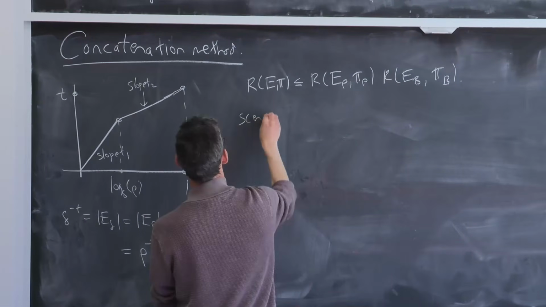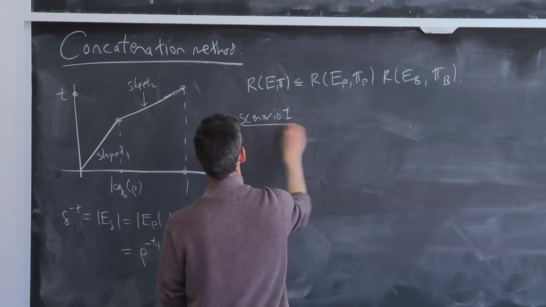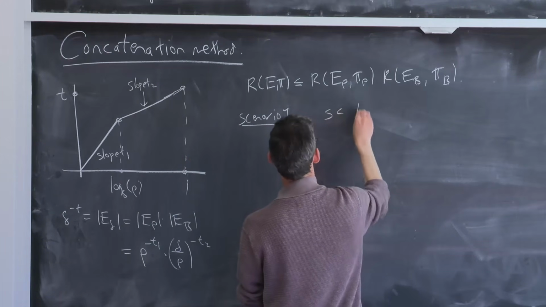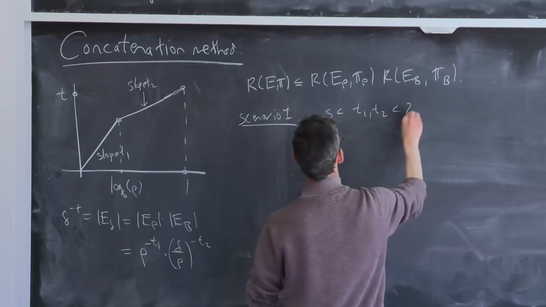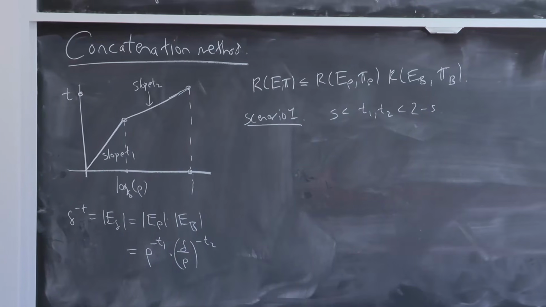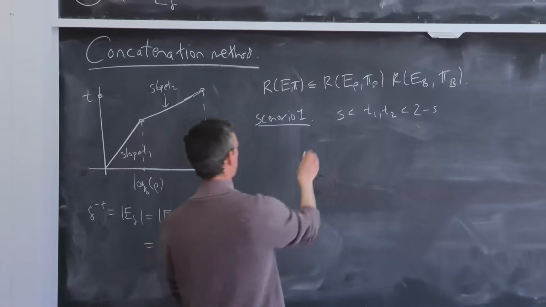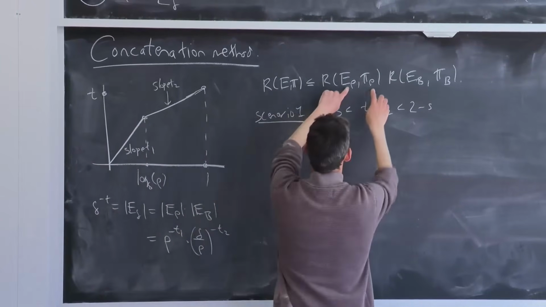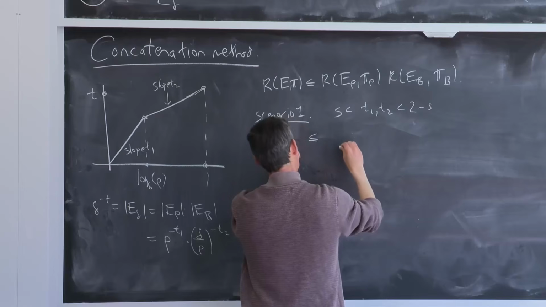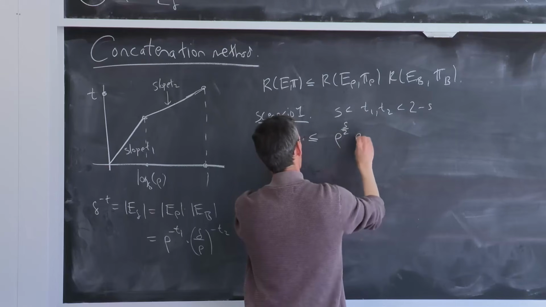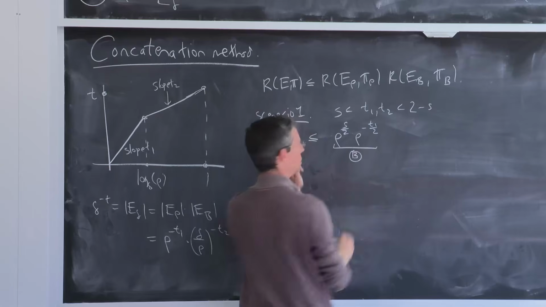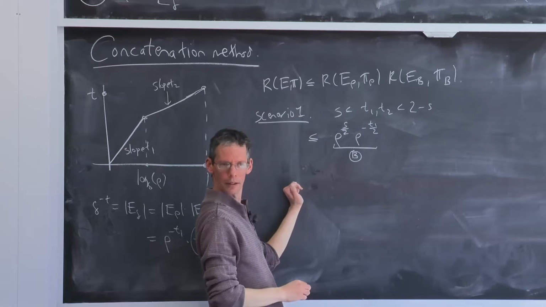Scenario 1. In this scenario 1, t1 and t2 are both in this middle range where b dominates. So then this guy will give me rho to the s over 2, rho to the minus t1 over 2, because this is option B. B dominates.